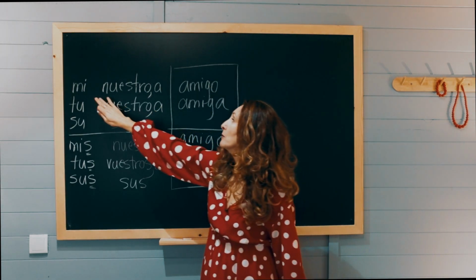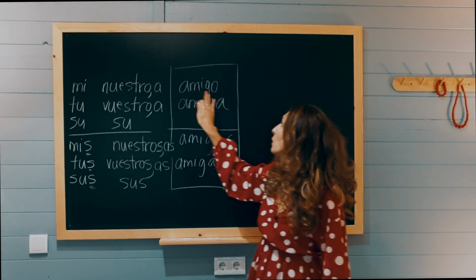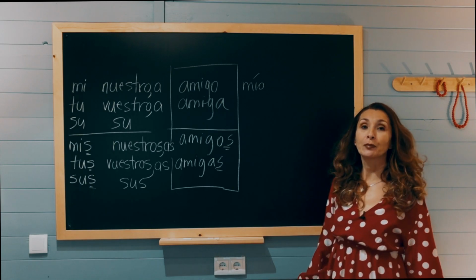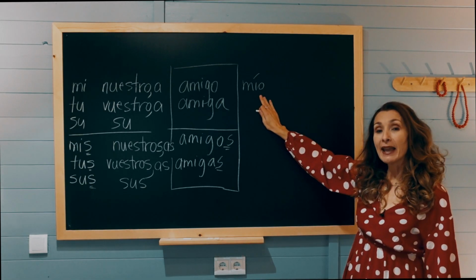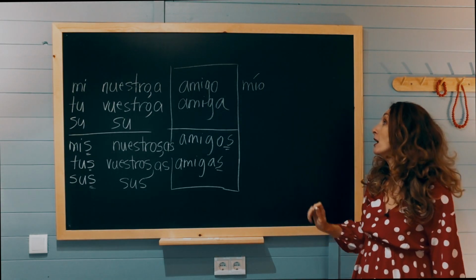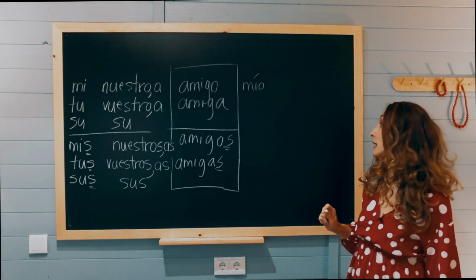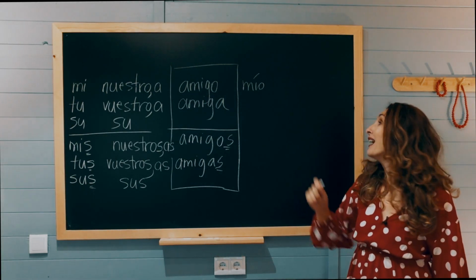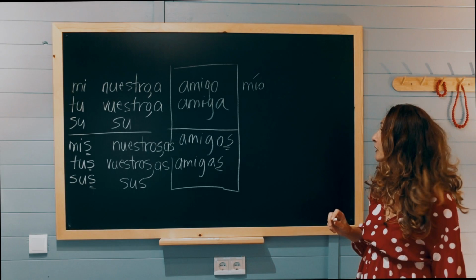Rather than saying mi amigo, we will say amigo mío. Okay, now this same possessive adjective comes after the noun and it changes slightly. Okay, so mi amigo or amigo mío.